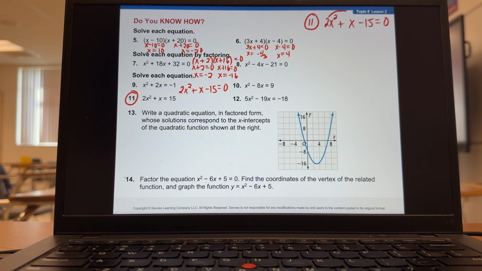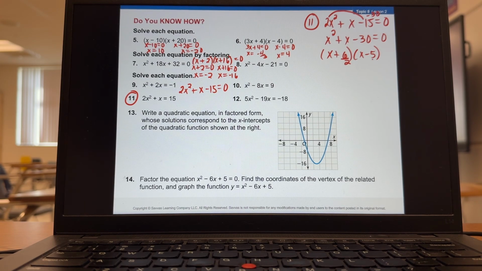Do my slip and slide. 2 times negative 15, negative 30. Rewrite it without my a and with my brand new c. What two numbers, when I multiply, give me a negative 30, and when I add, a positive 1? x plus 6 and x minus 5.